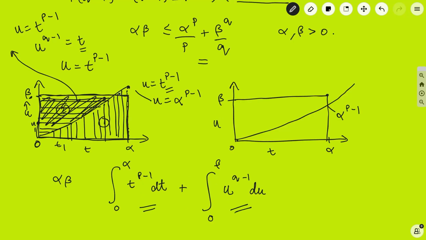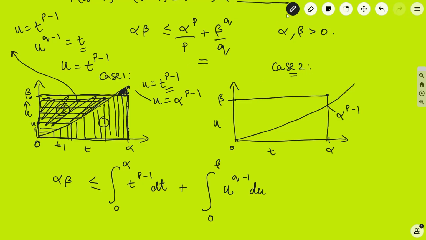Because you can see there's this portion here which is exceeding, an extra portion. So this right hand side is greater than alpha times beta. Now it is the same thing in case 2. So this is basically case 1, and this is basically case 2.